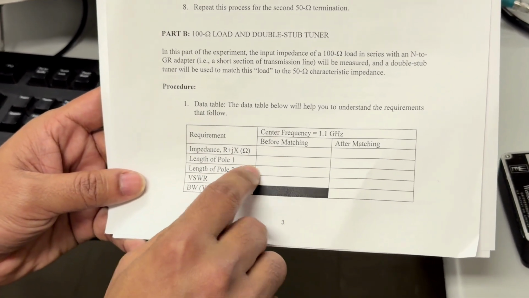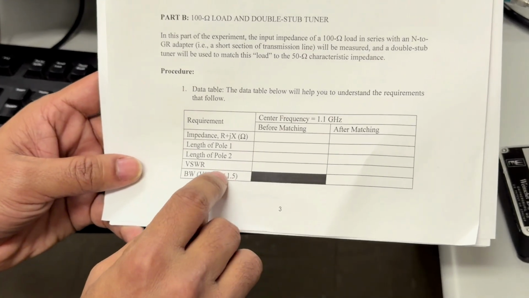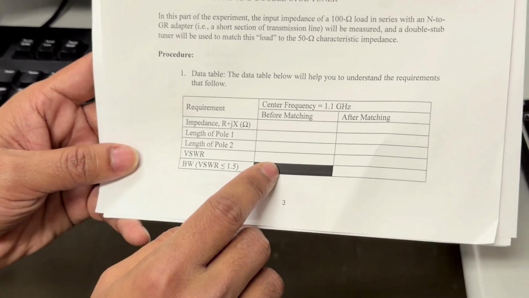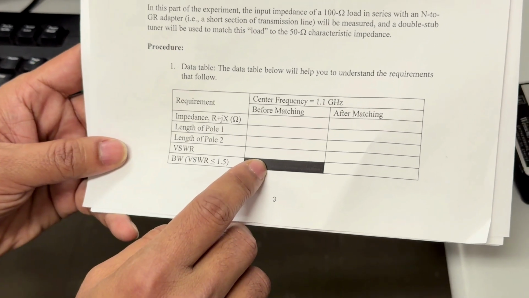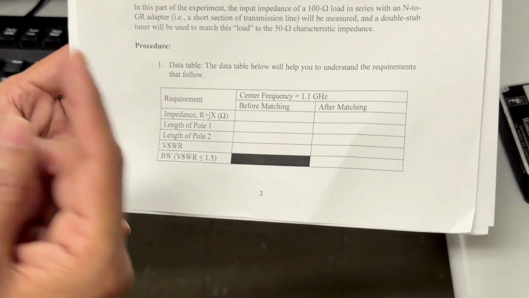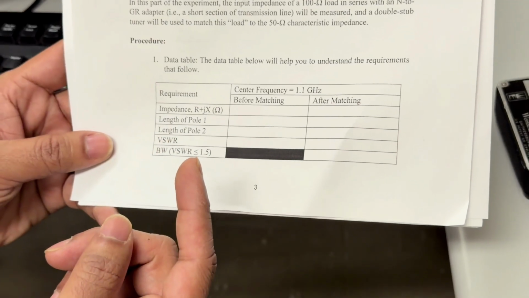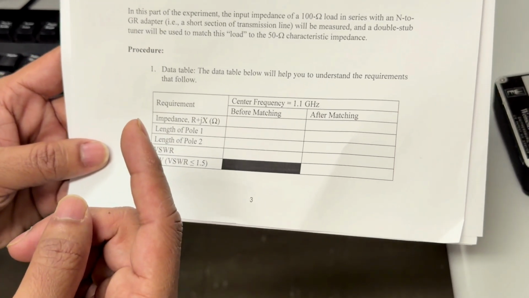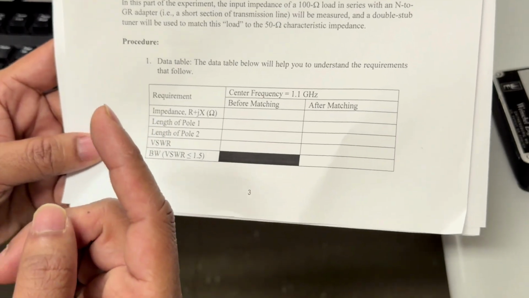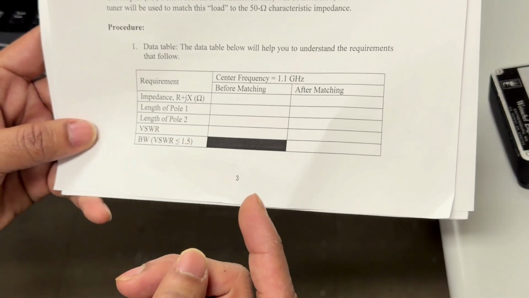So you can ignore these two fields, but you can measure the VSWR from the vector network analyzer, which is a very important parameter, because it has to be close to 1. That's the ideal situation. The closer to 1, the more impedance matching, meaning you are minimizing the reflection and maximizing the transmission.